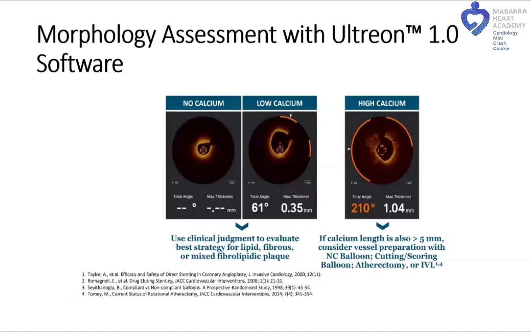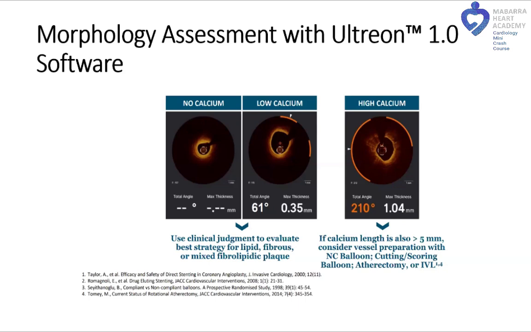Also in this example, you can see the image where you don't have any calcium in the middle. There is some calcium at 1 o'clock and at 3 o'clock. And on the image on the right-hand side, we have a lot of calcification from 12 to 3 and from 7 to 11.